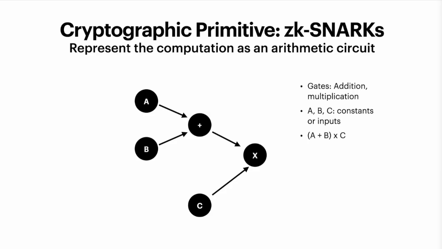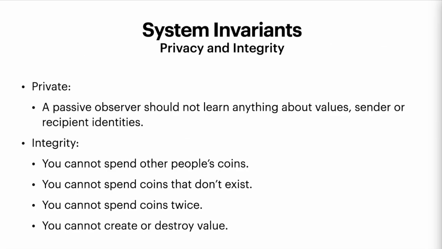And then A, B, or C represent constants or inputs. In this example, you can see that A and B are both inputs to an addition gate, and then the output of that addition gate, A plus B, is multiplied by C. So that's the basic idea of how to do SNARK programming.